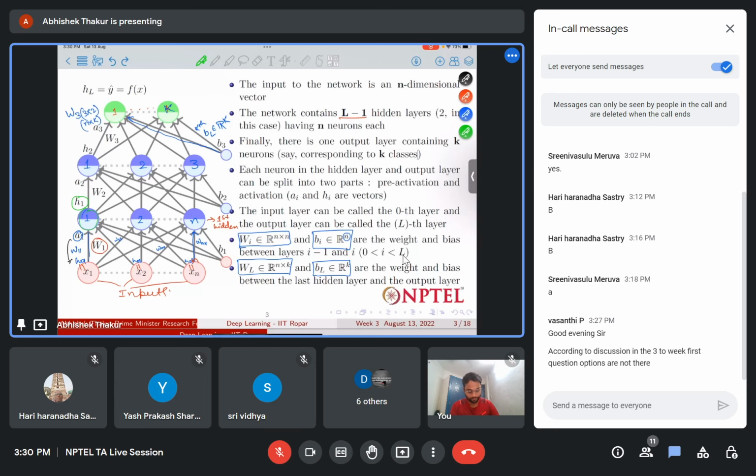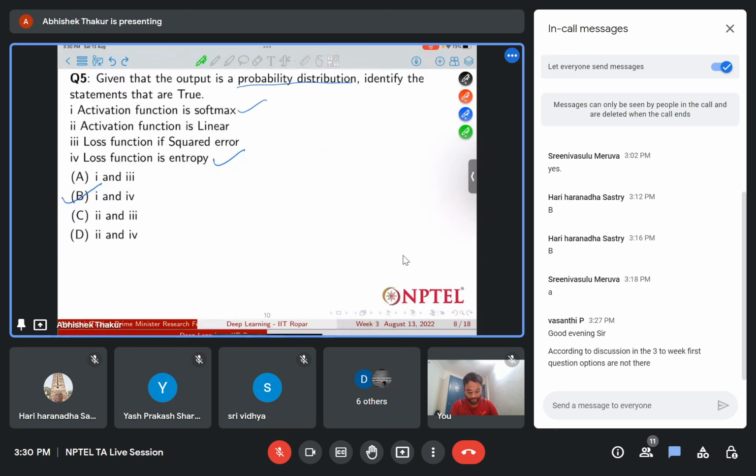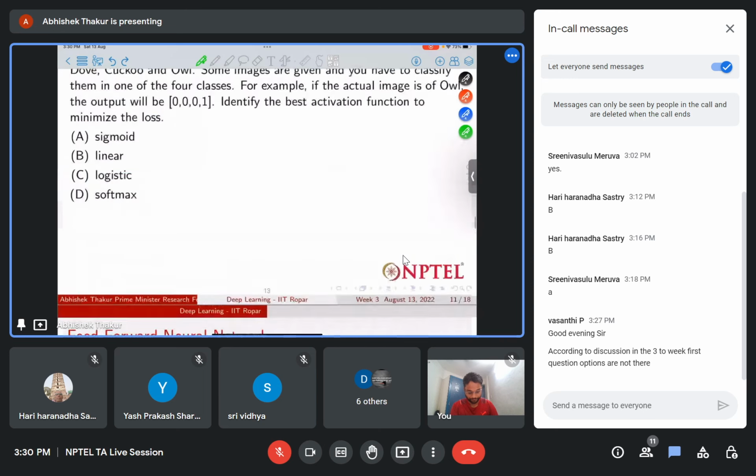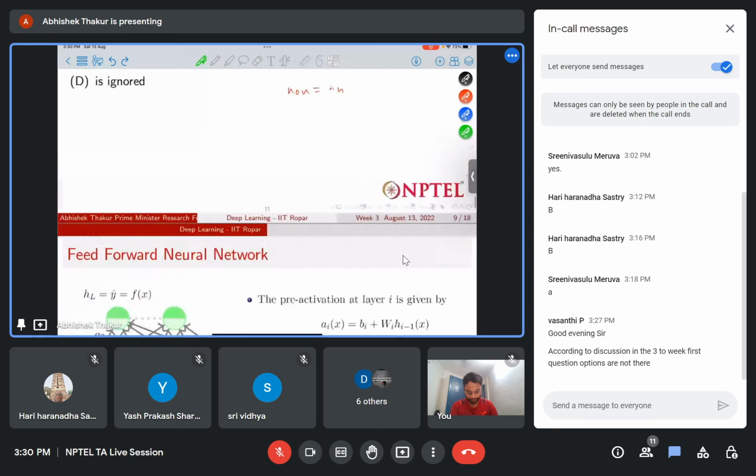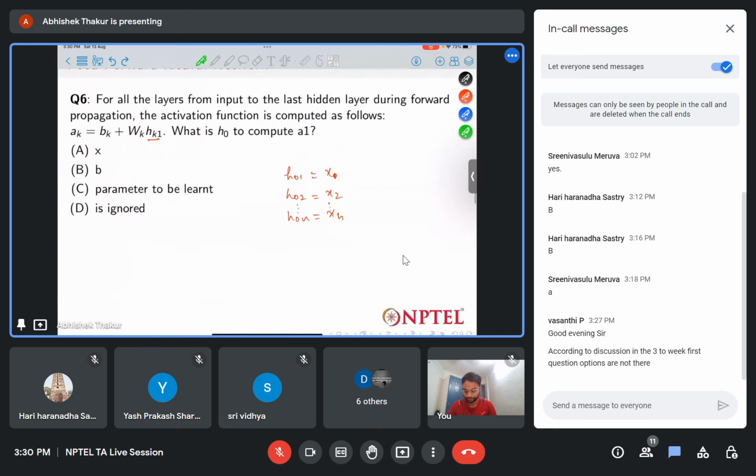So what will be the correct option in this? It is x, because our h naught 1, h naught 2 and h naught 3 are simply equal to x1, x2 and x3.